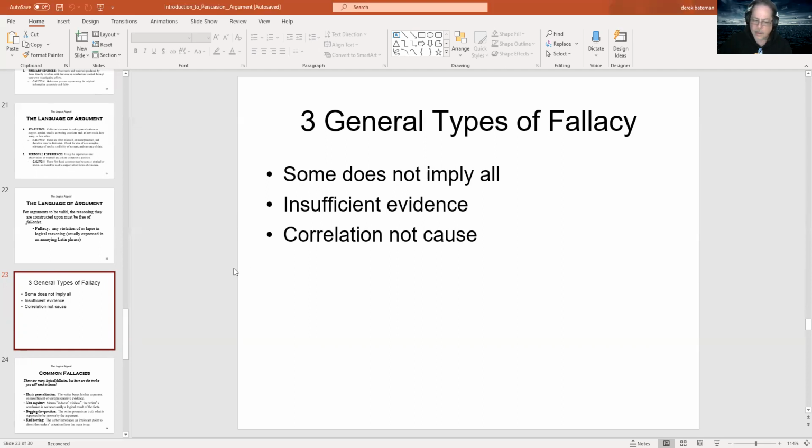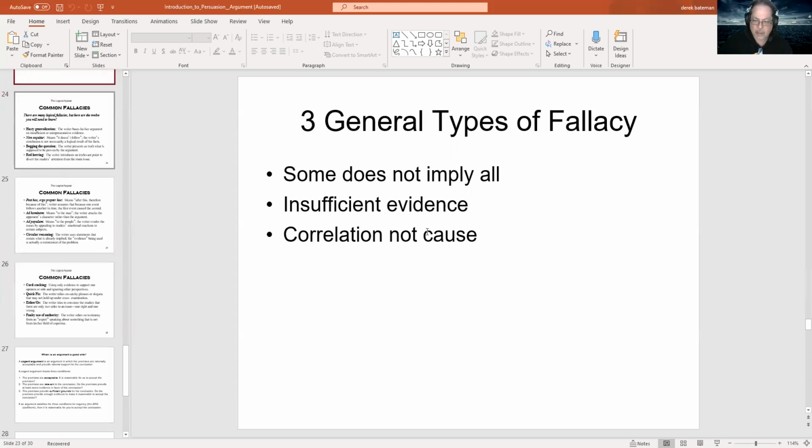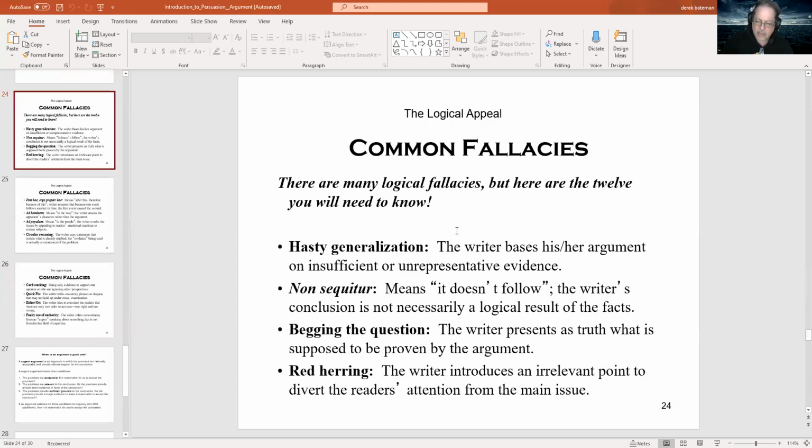All right. Now, the last part of this is dealing with fallacies in a little more detail. You can look it over. It's really interesting stuff. I teach the course on rhetoric. I spend 2-3 weeks discussing logical fallacies.